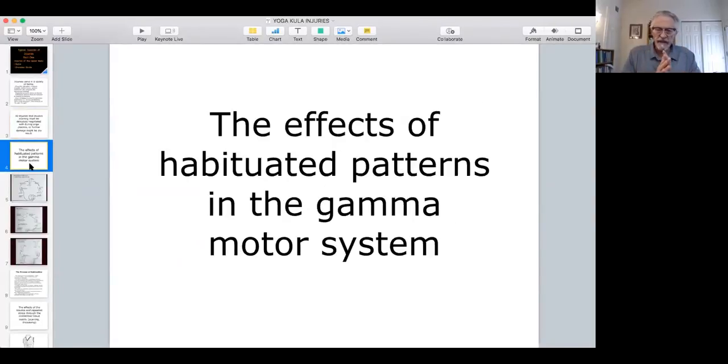I want to take a little look at the effects these restrictions have in what we have looked at in our former webinar, the operation of the gamma system and habituated patterns of posture, movement, response to trauma, and all the rest of that.